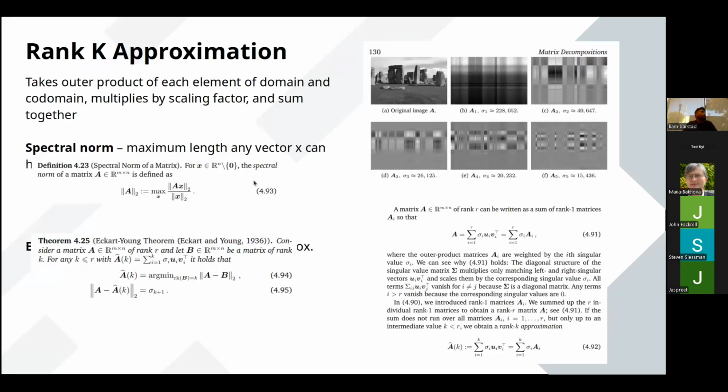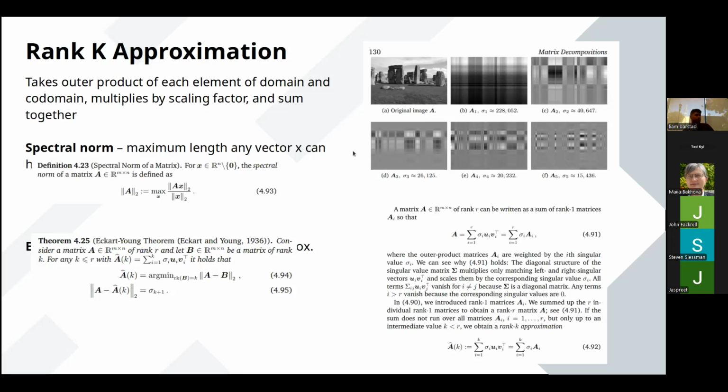Basically, for each vector in U and V, in the domain space and the codomain space, taking the outer product of those two to create an m by n matrix, and then multiplying it by its corresponding singular value, comes up with this approximation of the underlying matrix, based on some specific property.